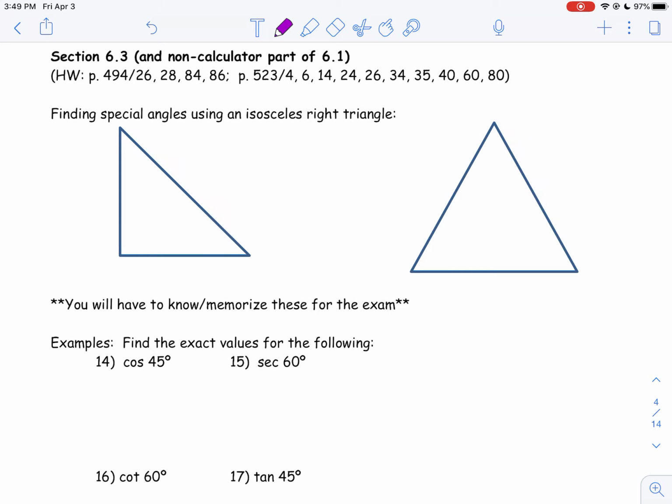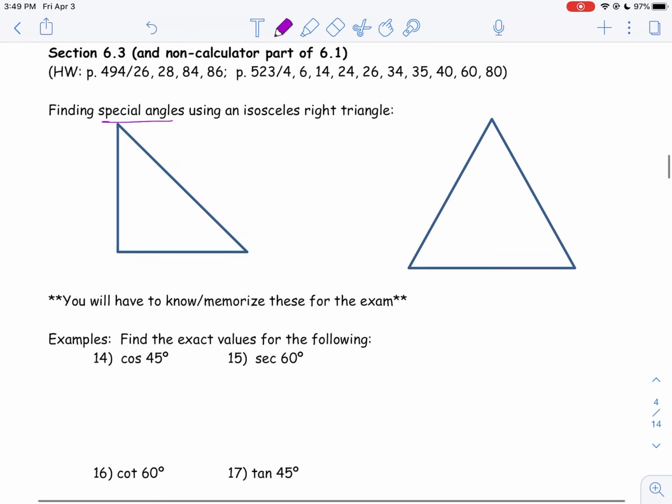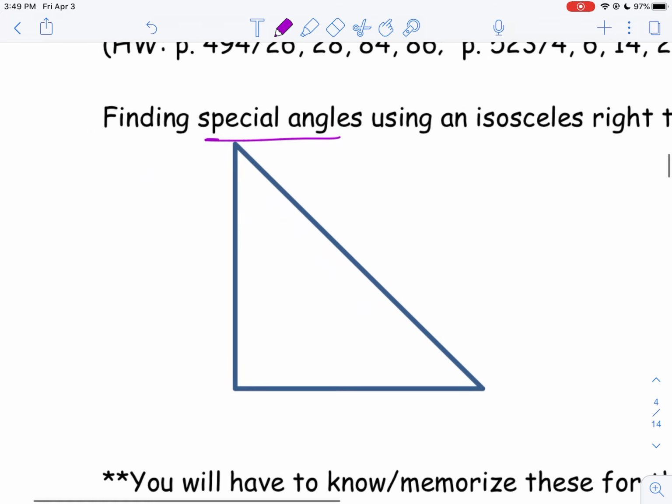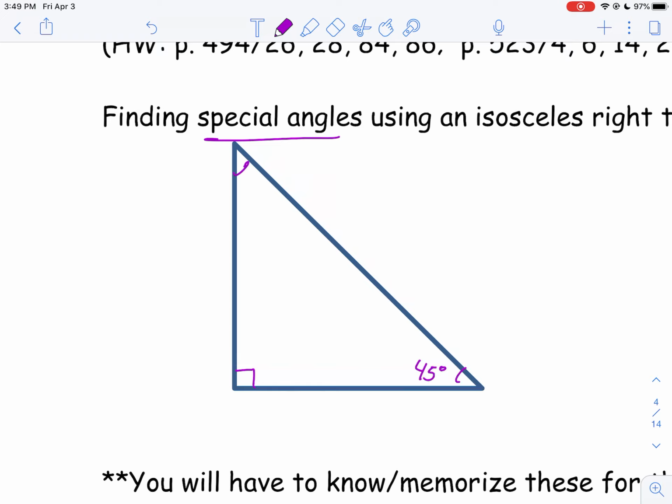So we're going to start by taking a look at what we call special right triangles. We call these special right triangles because in these triangles we have congruent angles, 45 degrees and 45 degrees, which means that we have two congruent legs.